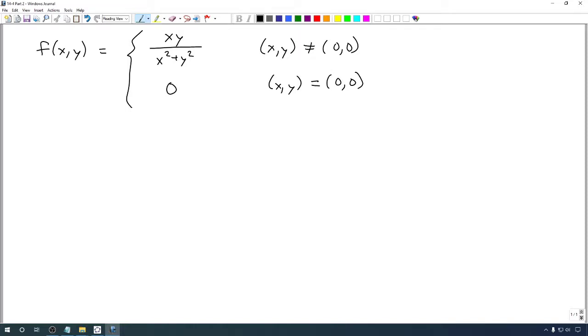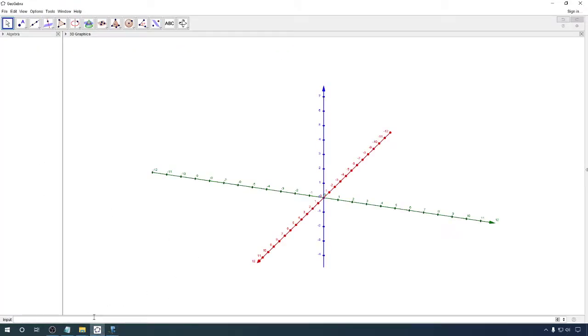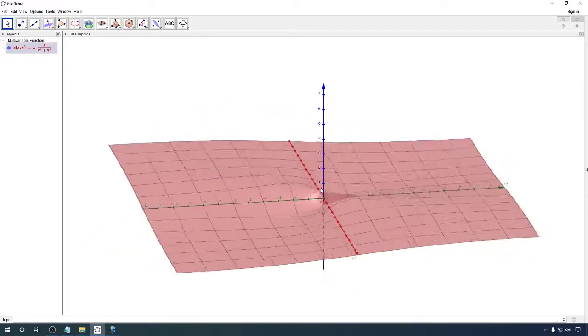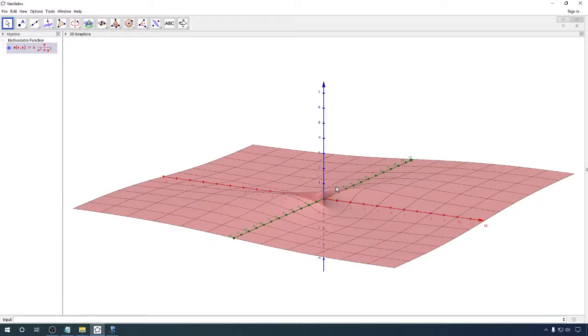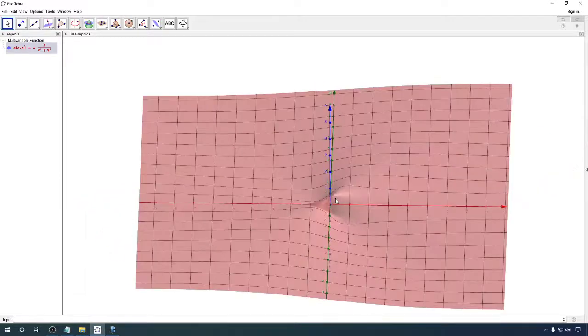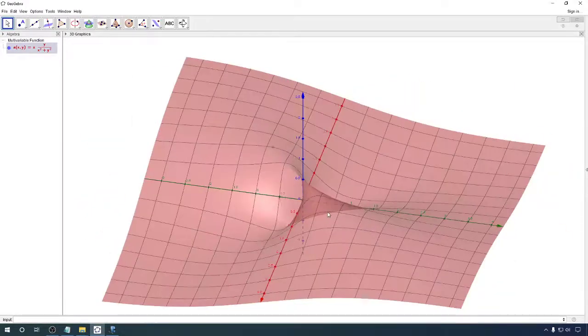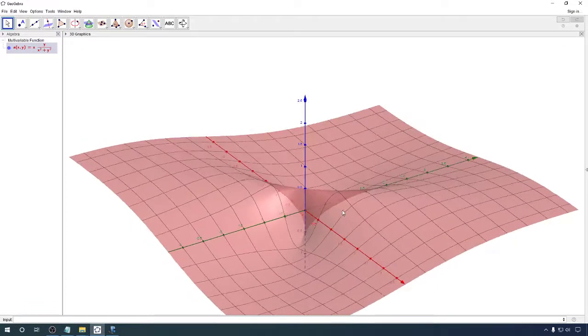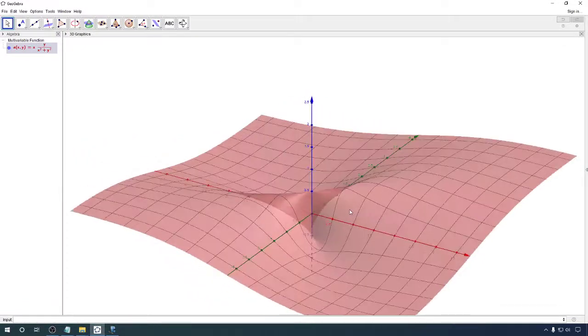If we look at this function, let's actually go ahead and plot this. We see that we get this kind of pinched plane that we looked at back in 14.2. At the origin, this function doesn't really look like a plane at all.